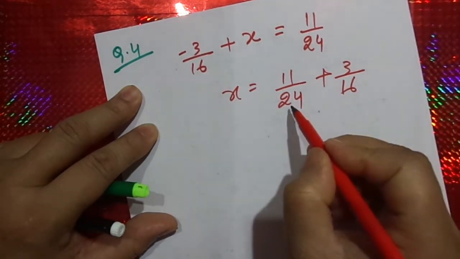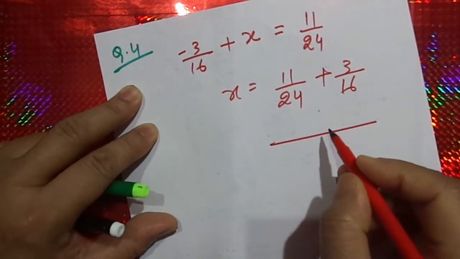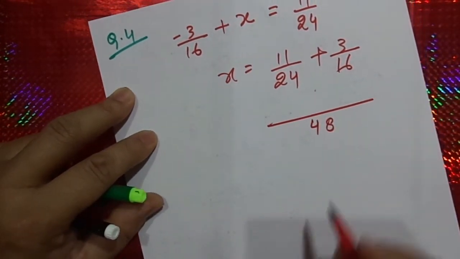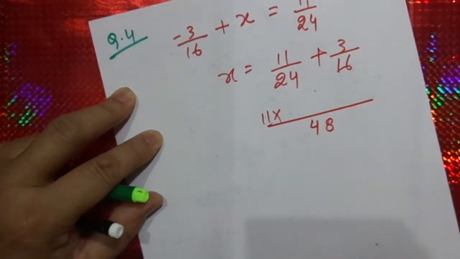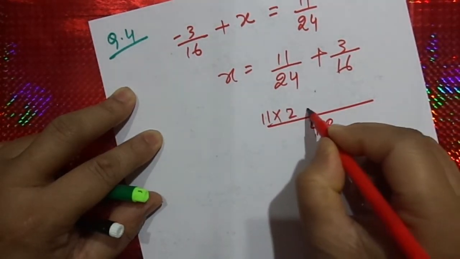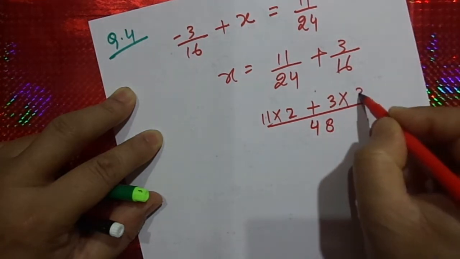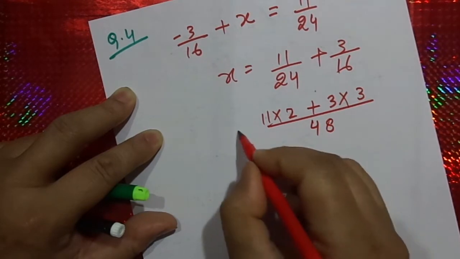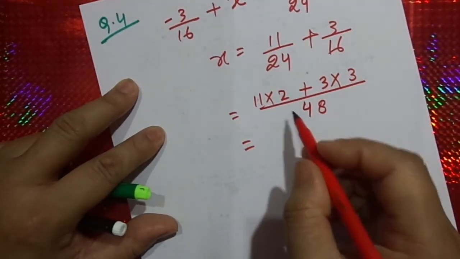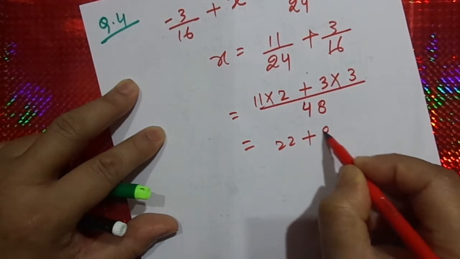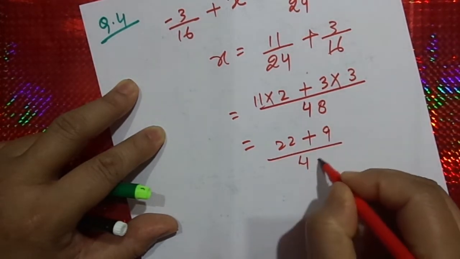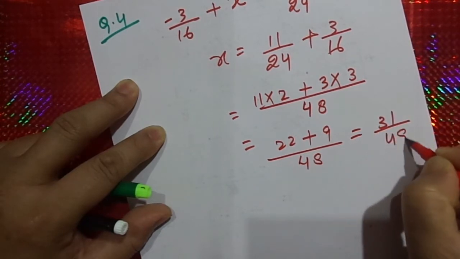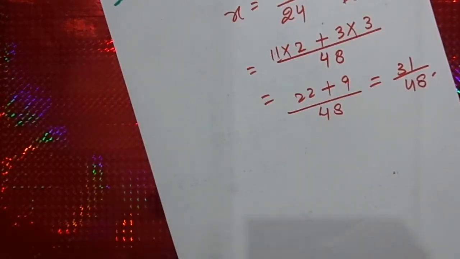You should know how to find the LCM of 24 and 16 by now. It comes to 48. So 11 multiplied by 2 plus 3 multiplied by 3, because 48 divided by 16 is equal to 3, is equal to 22 plus 9 by 48. When you solve it, you will get 31 by 48. You can see that these sums are very simple.